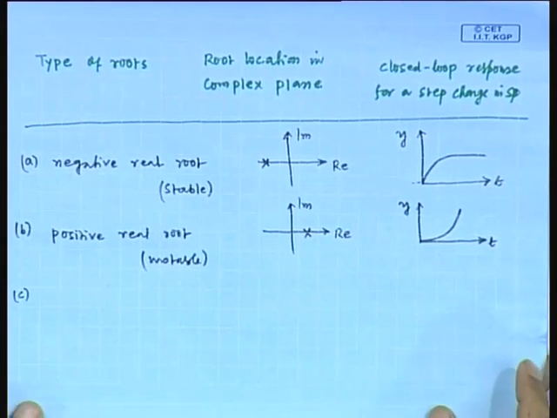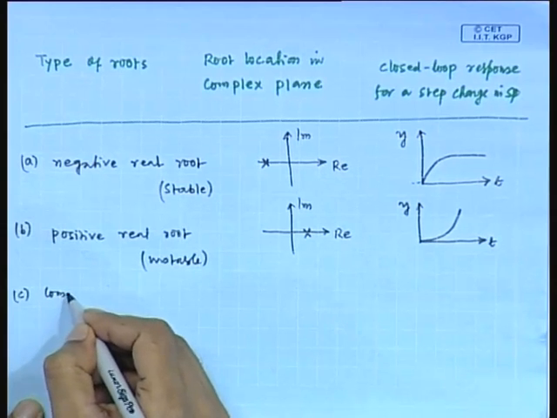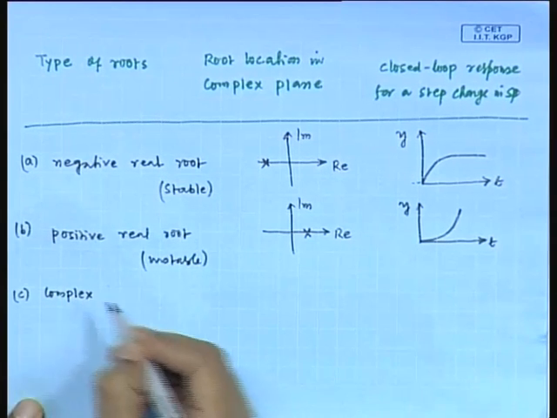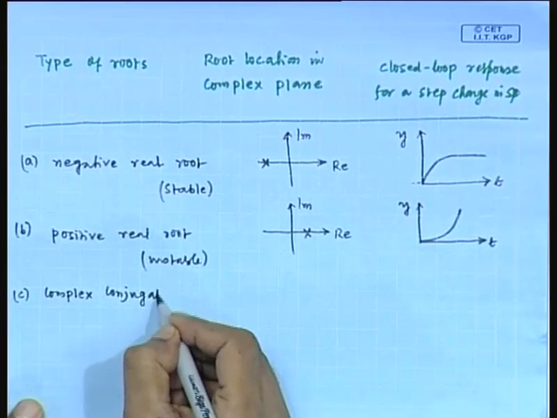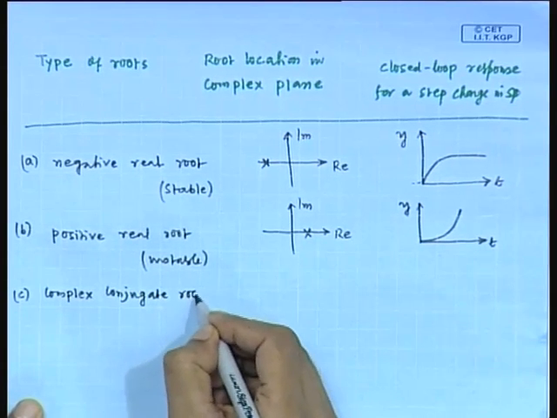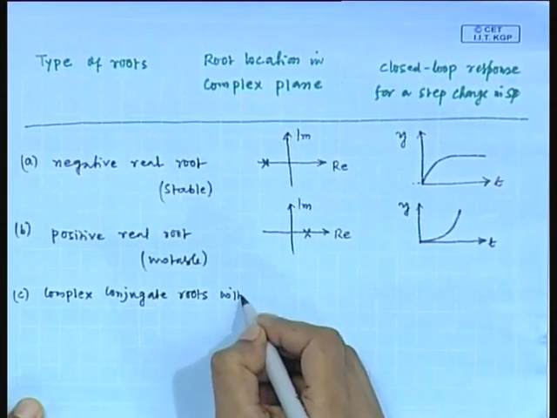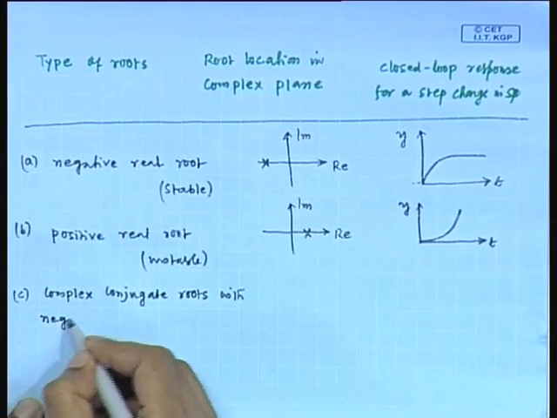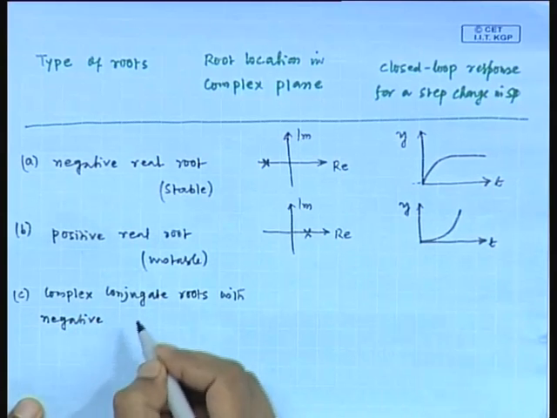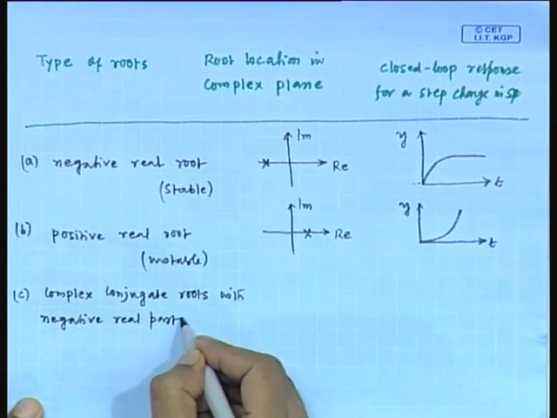In the third situation, we will consider complex conjugate roots with negative real parts.